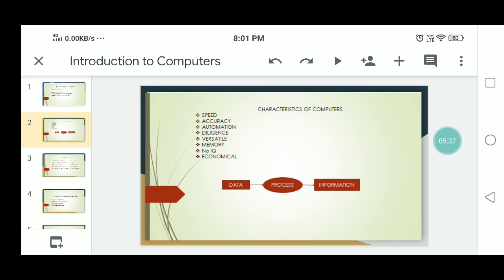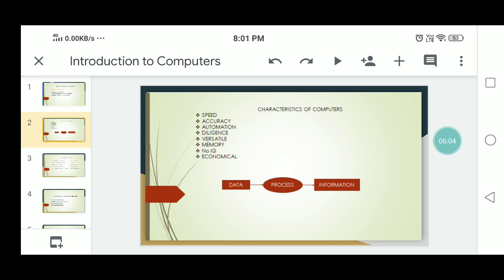So this means the computer works at a very high speed. Next, accuracy. A computer is a very fast, reliable and robust electronic device. It always gives accurate results, provided the correct data and set of instructions are given as input.